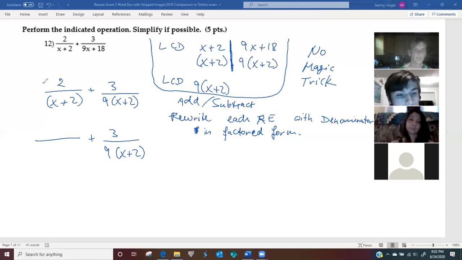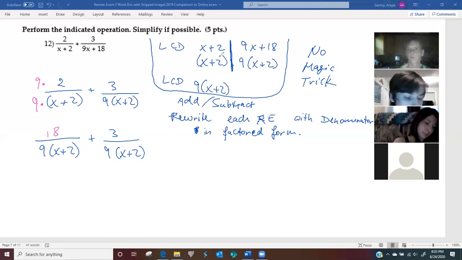Don't worry about anything here. Just say, what is my LCD and what does it need to look like? Then say, what did I do from here to here? I multiplied times 9. Whatever I do here, I do here. This is the basic math piece. So then you get an 18.